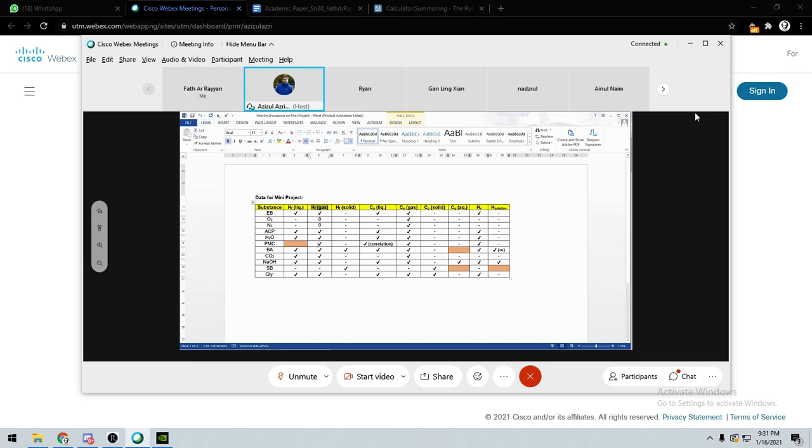For example, here we have the HV for PMC, so you can use this path from gas to liquid. You need to think about this. If you understand, then you should be able to do it. If you don't understand, you might have a problem. We received a lot of questions regarding PMC.